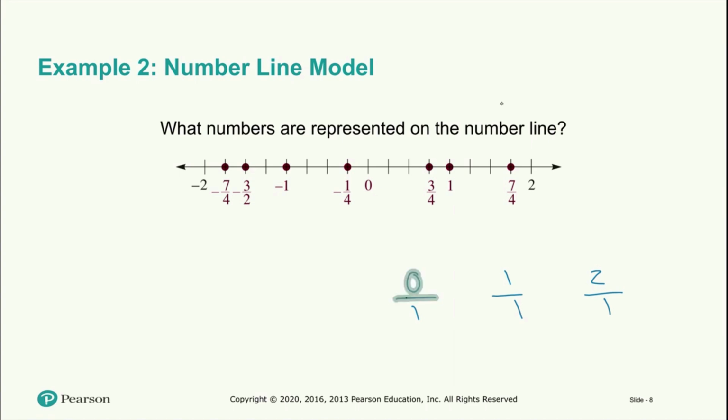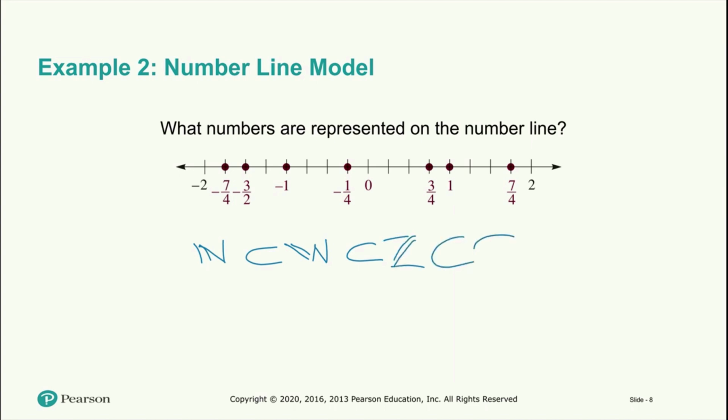And of course, notice we can also do that to natural numbers and whole numbers, right? So this is why we have this particular relationship. The set of natural numbers is a subset of the set of whole numbers, which is a subset of the set of integers, which is itself a subset of the set of rational numbers.